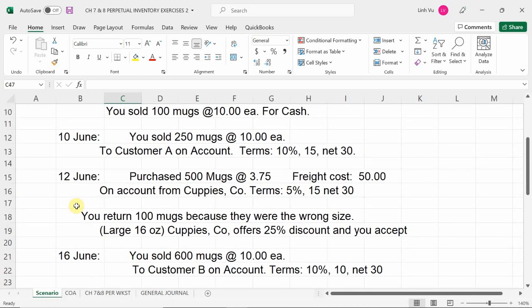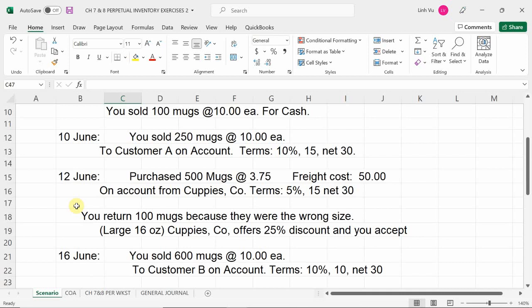So then we end up returning 100 mugs once again because they were the wrong size. Now, of course, the vendor convinced us to keep these large cups because you could still sell them. Nothing's wrong with them. They're just the wrong ones. However, because they made a mistake, they decided to offer you a 25% discount because they were not the right size.